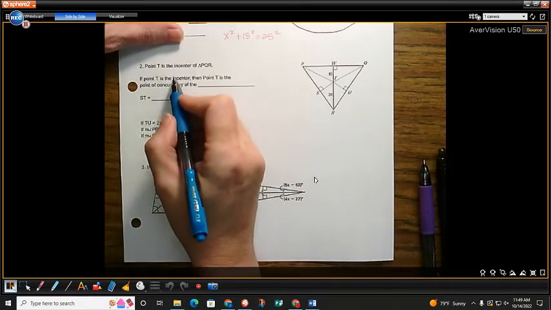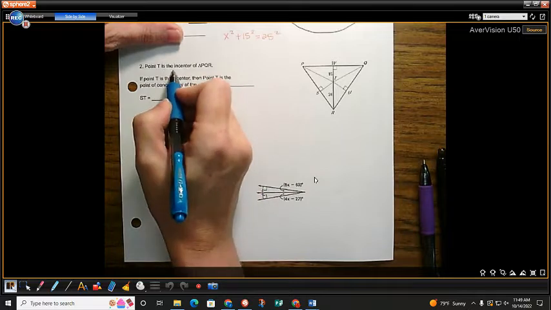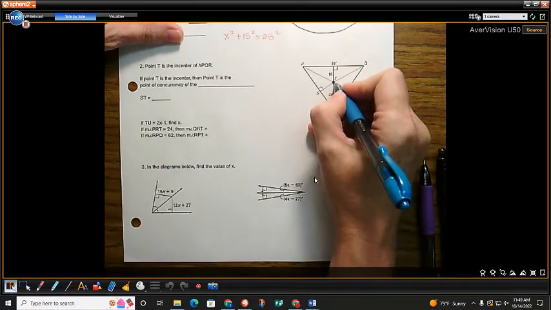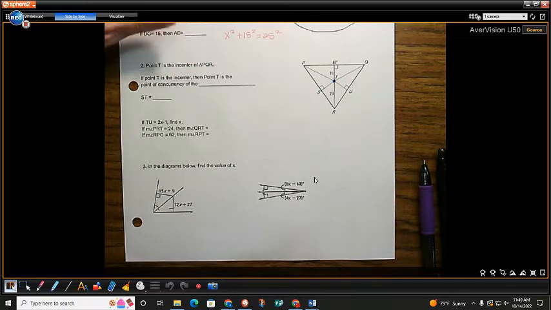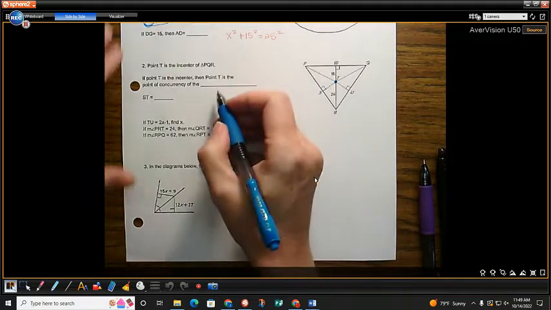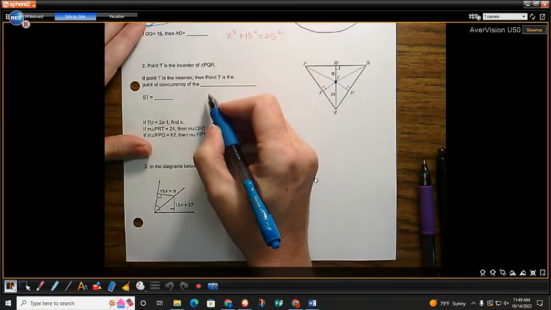Now number 2. Point T is the incenter. If T is the incenter, what point of concurrency is it? What things come together to make the incenter?